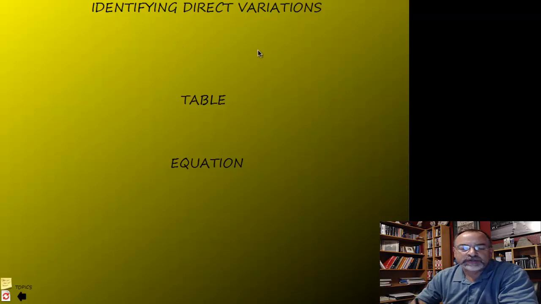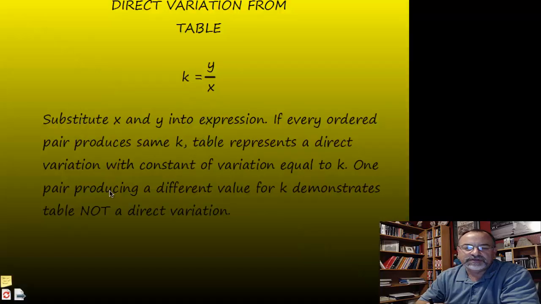It's not always the case, but it is a way to distinguish whether the table you're looking at could be a direct variation. Or if the x values are going down and the y values are also going down, then it could be a direct variation. We still have to do some calculating to make sure, but that can give us a sense of whether it is or not.